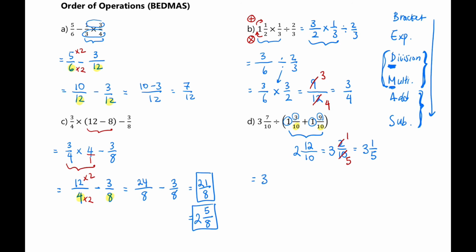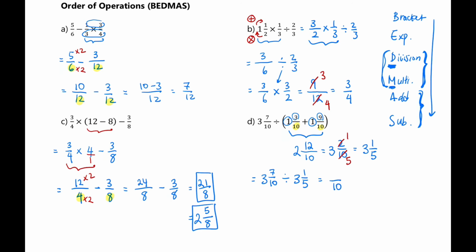Let's rewrite our expression. So 3 and 7 over 10 divided by 3 and 1 over 5. All right, so the problem with this is that we don't know how to divide two mixed numbers. Okay, so we need to convert this into improper fractions. Let's do that first. So we keep the denominator for the first fraction.